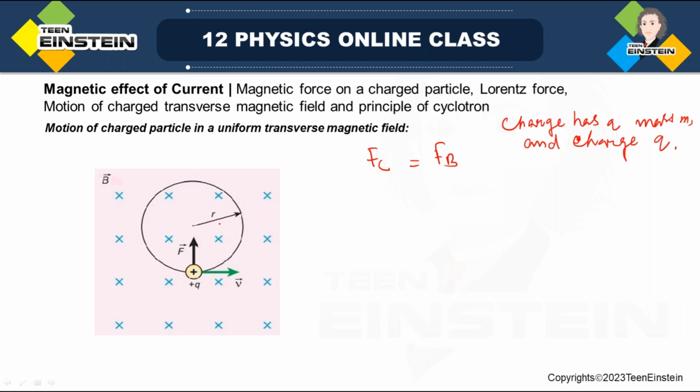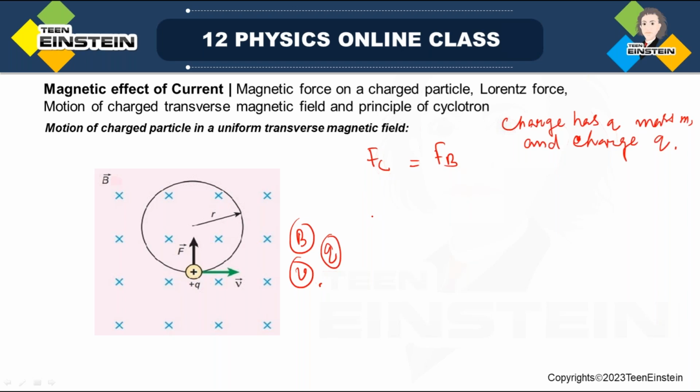Then we can find out the radius if the magnitude of the magnetic field, magnitude of the velocity, and the amount of charge are known. We can estimate the radius of this circular trajectory and the frequency or time period of revolution of the charged particle.